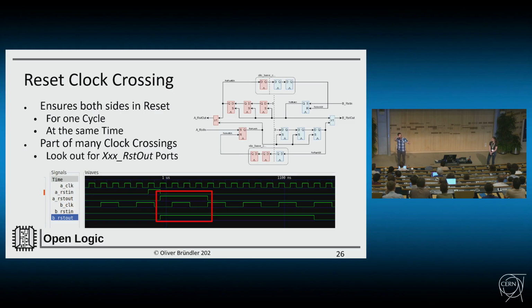It can happen that you reset one of the sides. Let's say you reset the source clock domain, then your toggle flip-flop gets reset, and then the destination clock domain sees, oh, I got an edge here, and your logic reacts to the edge, and you actually never have an edge. Something bad might happen.